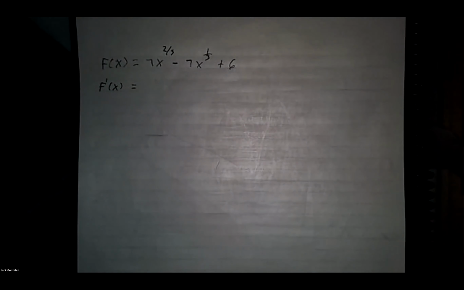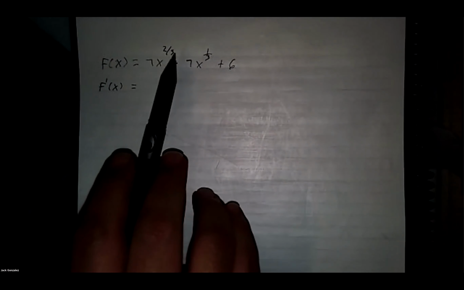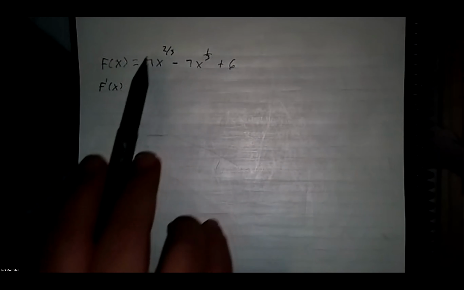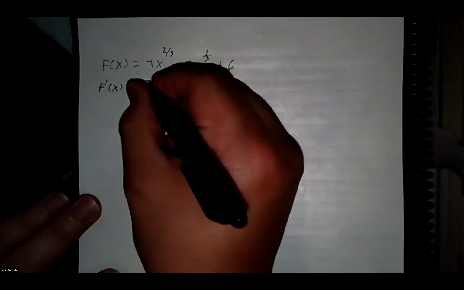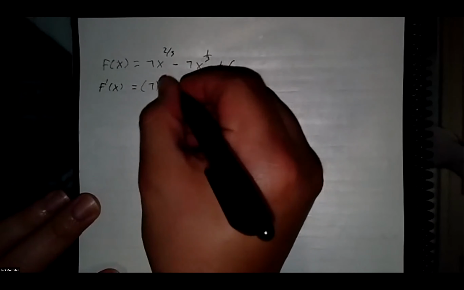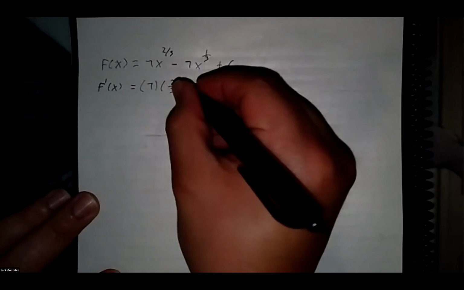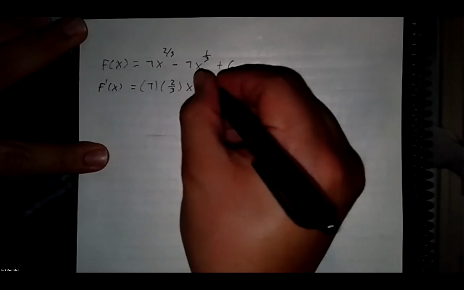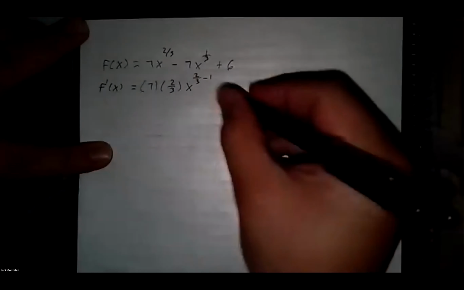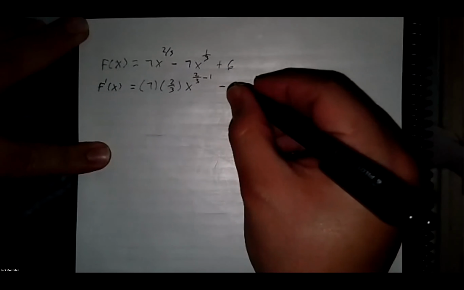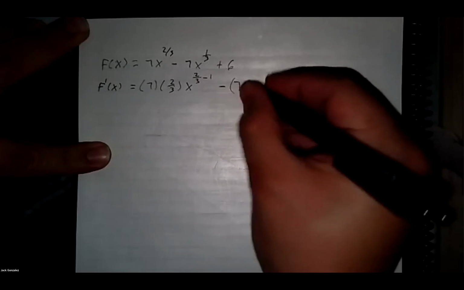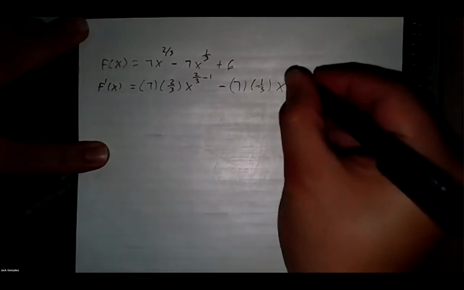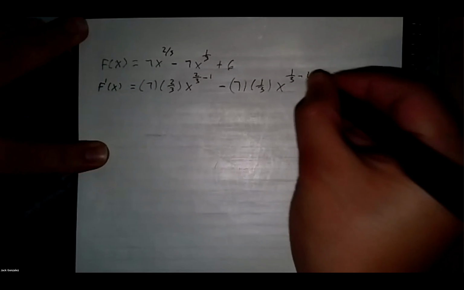Okay. All right. So this requires a power rule, so we got to bring down the 2/3, multiply by the 7 that's already there, and then you do 2/3 minus 1. Then you bring the 1/3 down on this one, and then you do 1/3 minus 1.